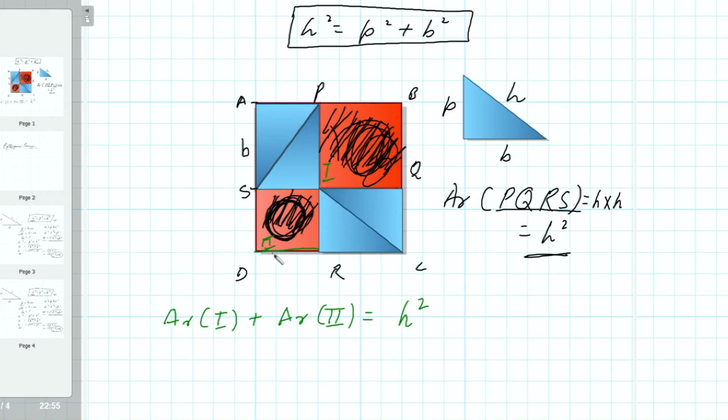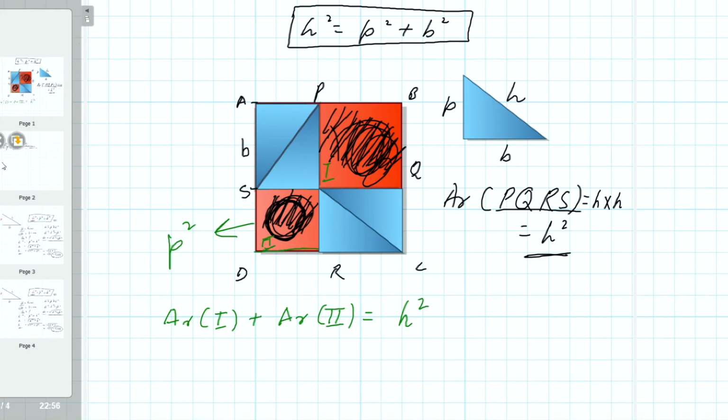The side of this particular square will be equal to this side. And what is this side? This side is basically the perpendicular of the triangle, equal to this side. So the area of figure 2 will be equal to P square.